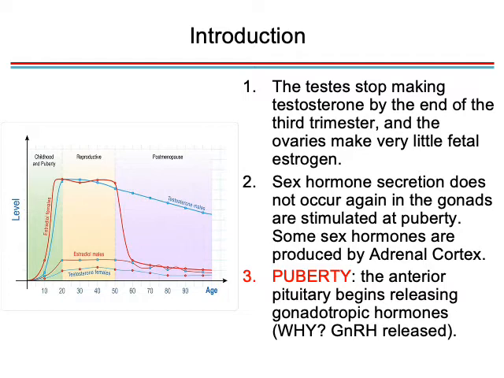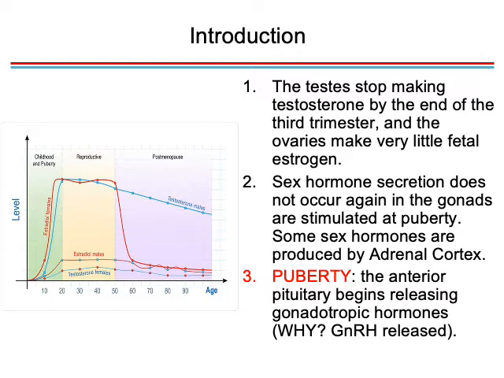And why? It seems that the last nerve cells in your brain to develop are GnRH producing and releasing nerve cells in the hypothalamus.